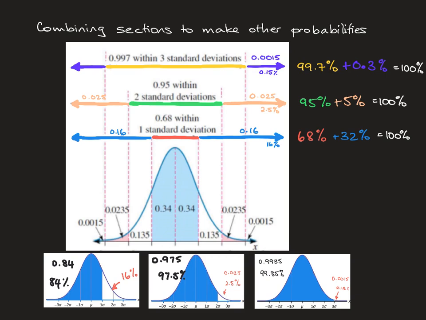And you can see the same thing on the end here. That's a little white gap. We're missing 0.15%. The rest of it is filled in. So 100 minus 0.15% gives us 99.85%. Let's have a go at some questions with this.